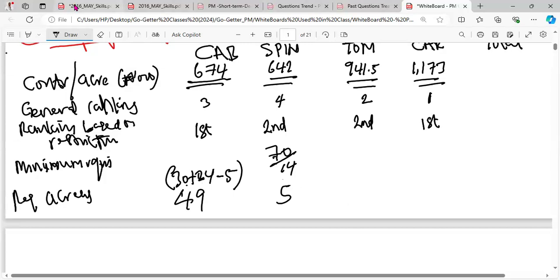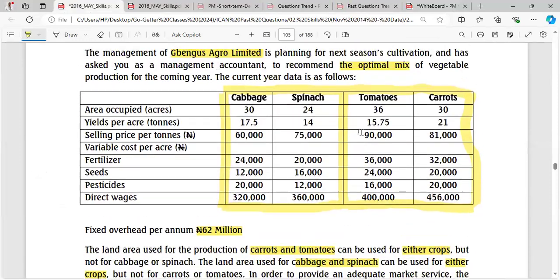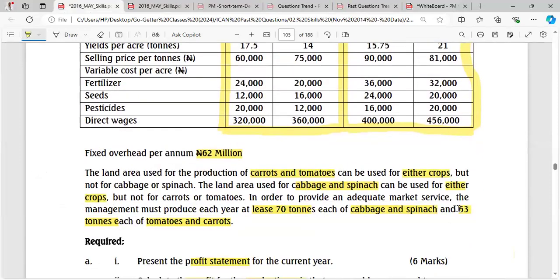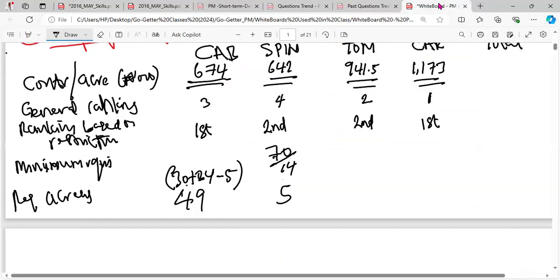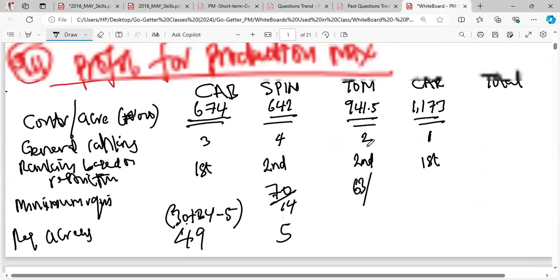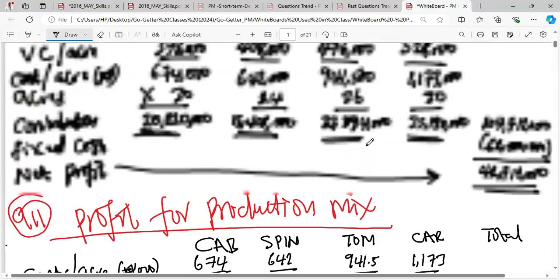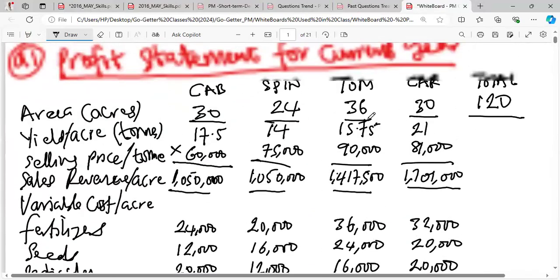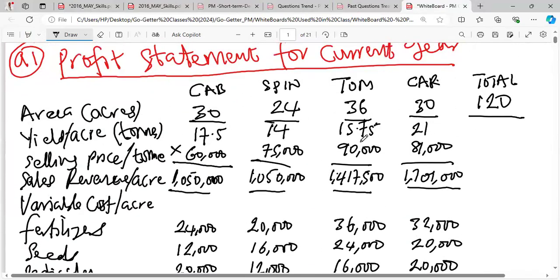Now let's look at the next one, where we are told 63 tons of tomatoes and carrots. The same principle: this is 63 here. You need to do 63. That is the minimum you can do. Now, how many tons is in 1 acre for tomatoes? We have 15.75.